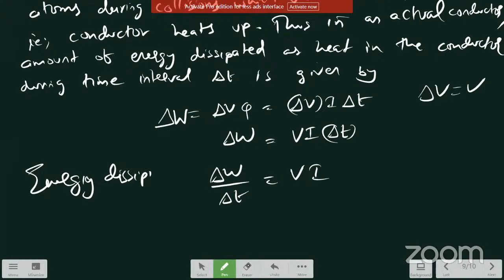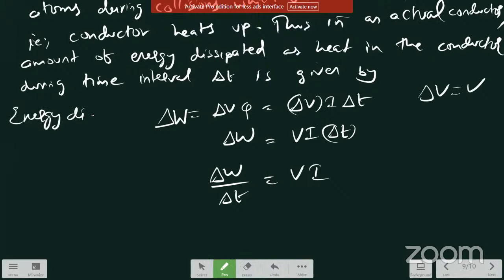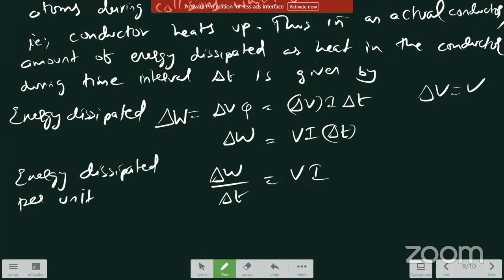This is the energy dissipated per unit time. This is what? This is power. I know V is equal to IR.